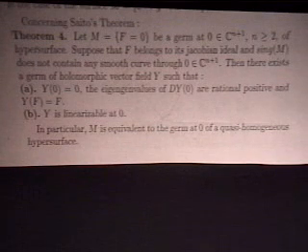So in fact M will be quasi-homogeneous in the sense of existence of a vector field, and Y is linearizable at 0, and in particular M is equivalent to the germ at 0 of a quasi-homogeneous hypersurface.